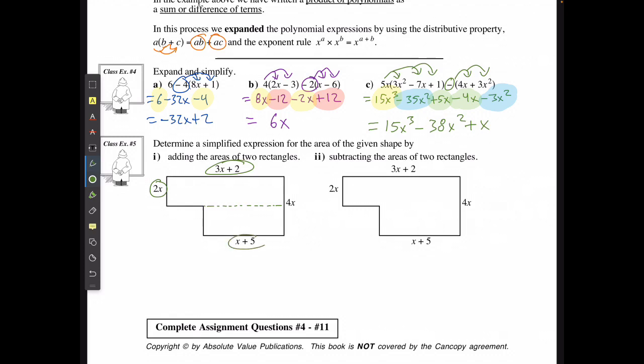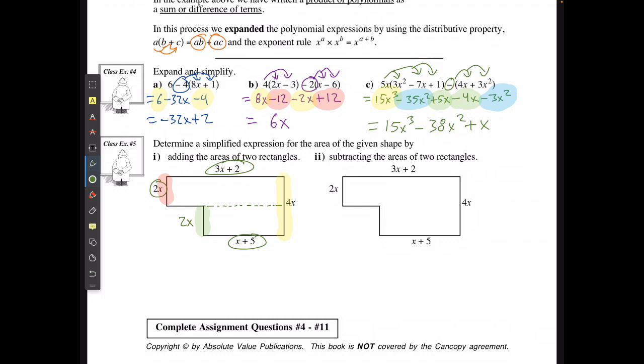The other one has one side length of x plus 5, and the other side length is going to be the difference between this side length and this side length. If the whole big side length is 4x and this smaller one is 2x, then what it's missing down here is another 2x.